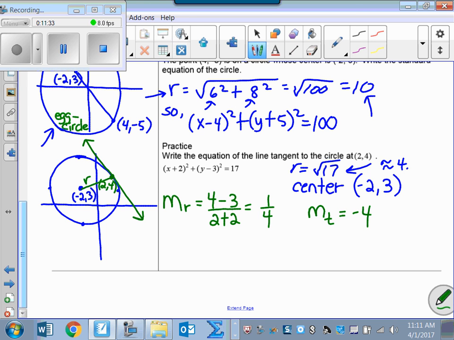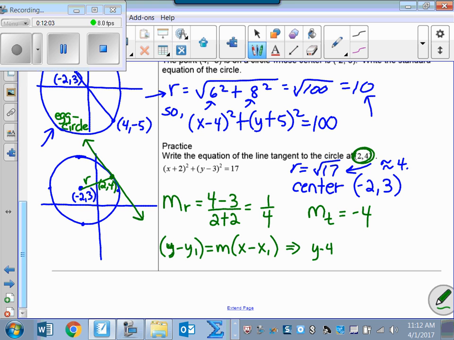I'm not going to use a b in my equation. I'm going to use point slope form of a line, if you remember, hopefully, that says y minus y1 equals m times x minus x sub 1. And if I plug in what I got here, then I'm going to have y, and my point, remember my point is this point of tangency right here, 2, 4.